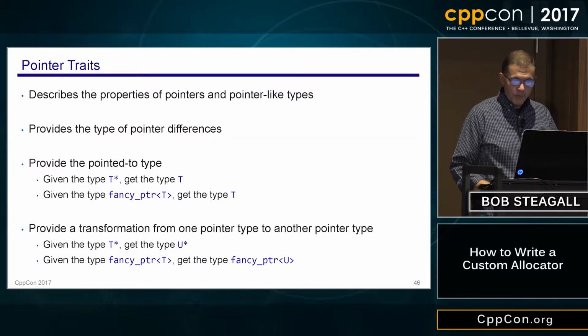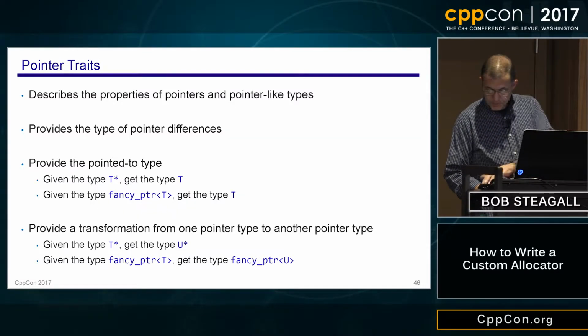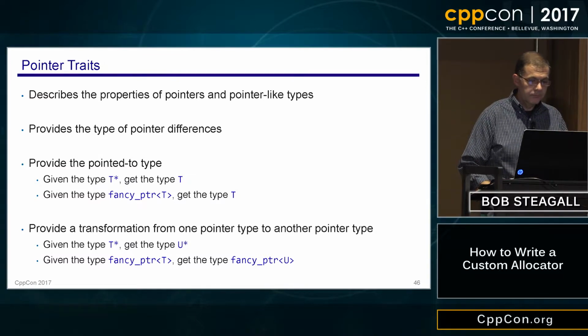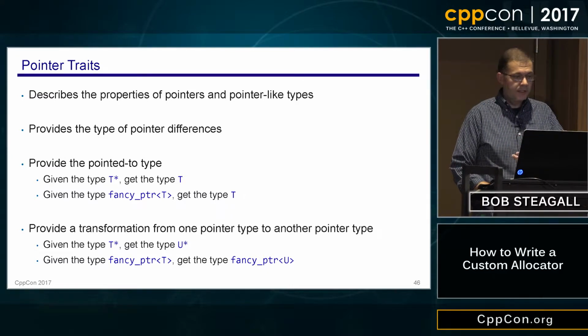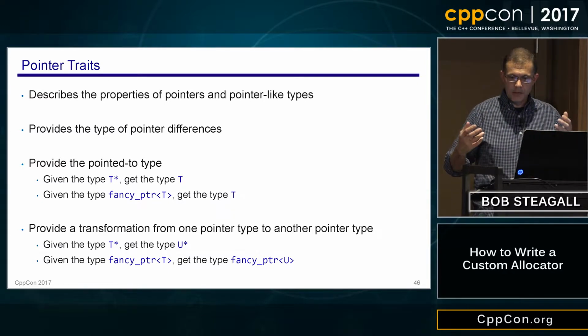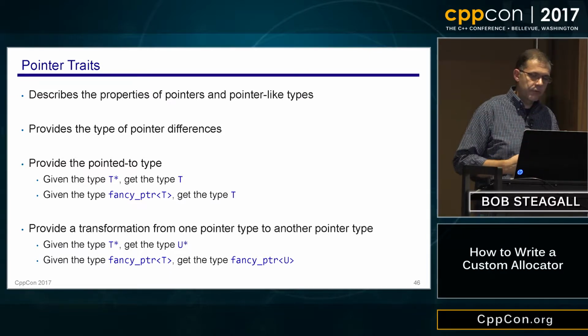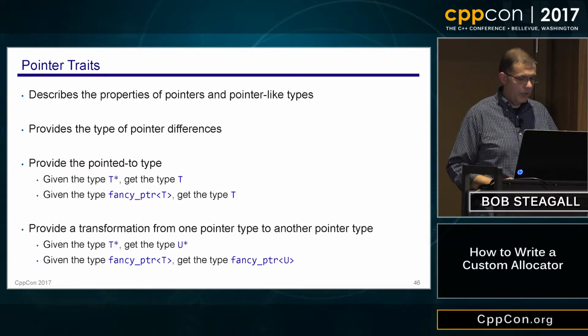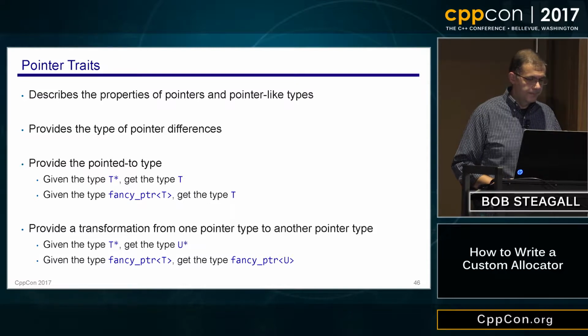Now I'd like to take a couple of minutes and look at the pointer traits helper. So what does it do? Well, it describes the properties of pointers and pointer-like types. It also provides the types of differences between pointers. If you have a non-standard pointer which is being used to implement iterators and you want your iterator differences to work correctly, that depends on taking the difference of the pointers upon which those iterators might be based.